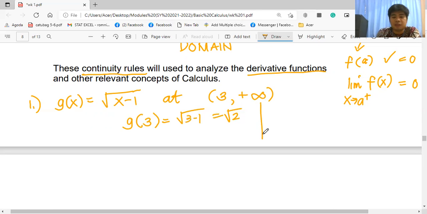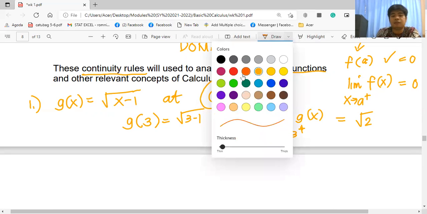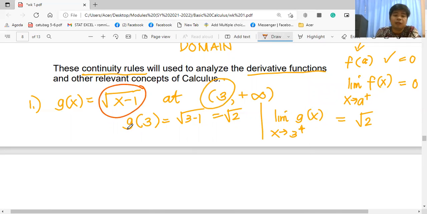If you use the limit process, the limit of g of x as x approaches 3 from the right, why right? You can check the right here to see if they are equal. So g of 3 is the square root of 2, and the limit of g of x as x approaches 3 from the right is also the square root of 2. Why? Because it falls under an easy limit, since there is no restriction when we substitute 3.